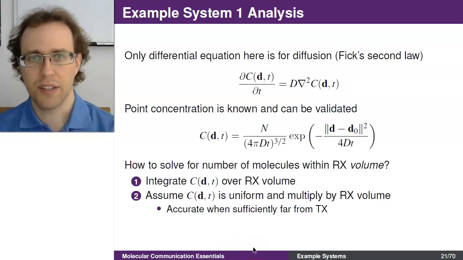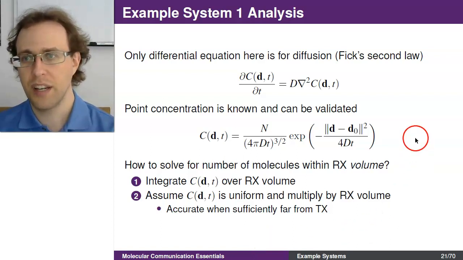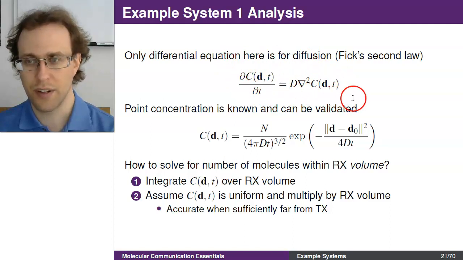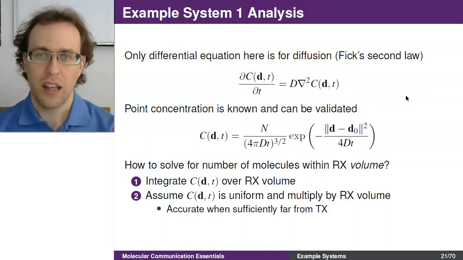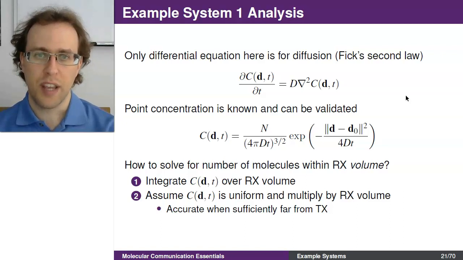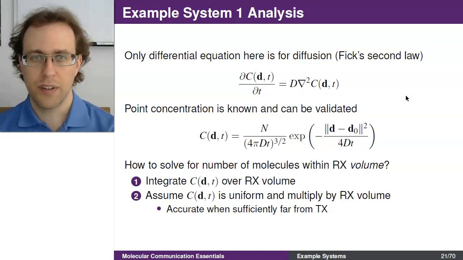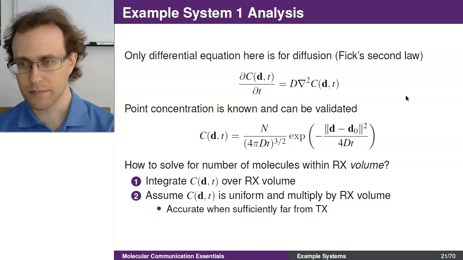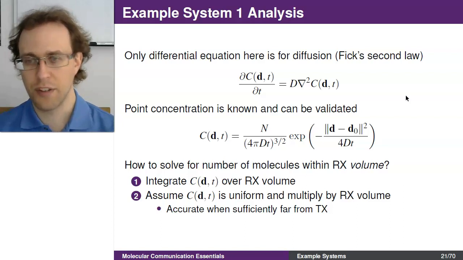This is a relatively simple system, and the only differential equation that we need here is the one for diffusion, so we just need to use Fick's second law, which we've already shown. The point concentration in this particular case is quite well known. This is a bit of a classical example, and it's described by this expression here.